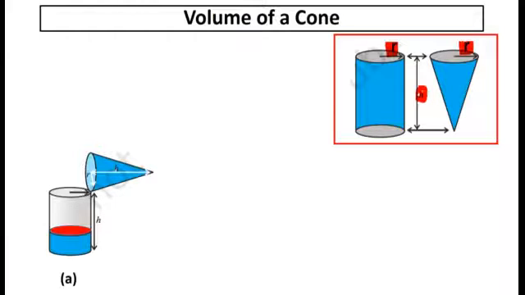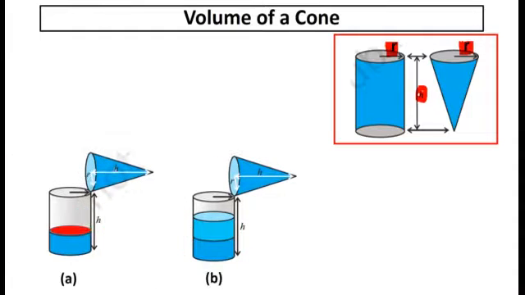So the experiment has been repeated as shown in figure B. The cone is filled with water and emptied into the cylinder. This time also the cylinder is not completely filled.